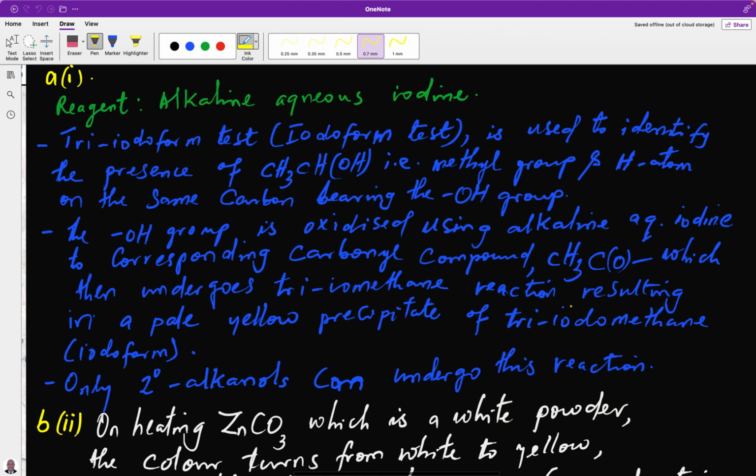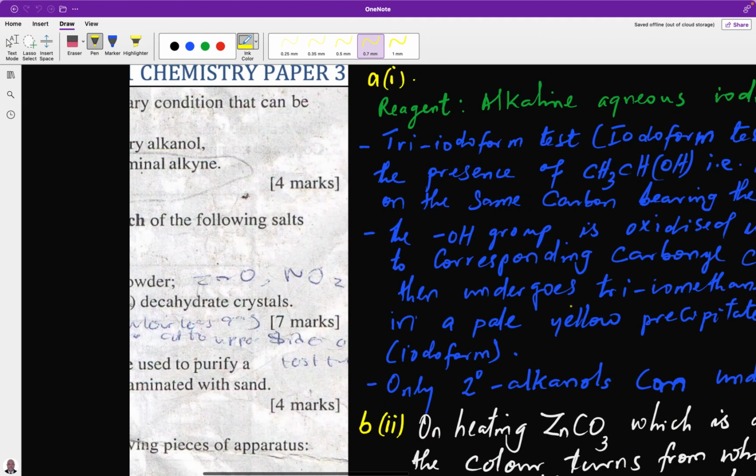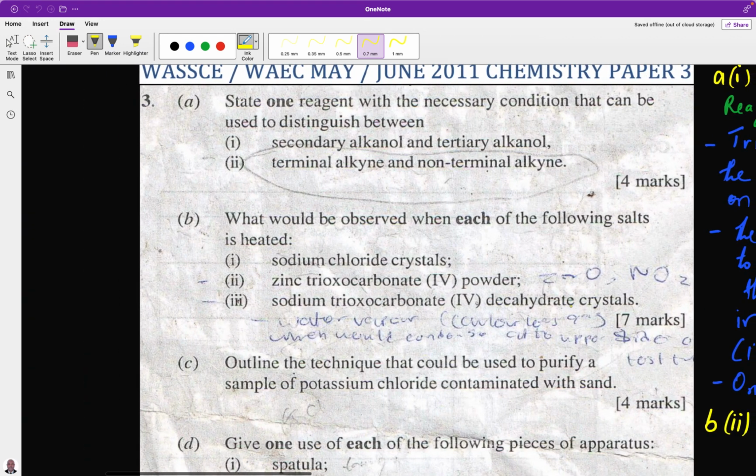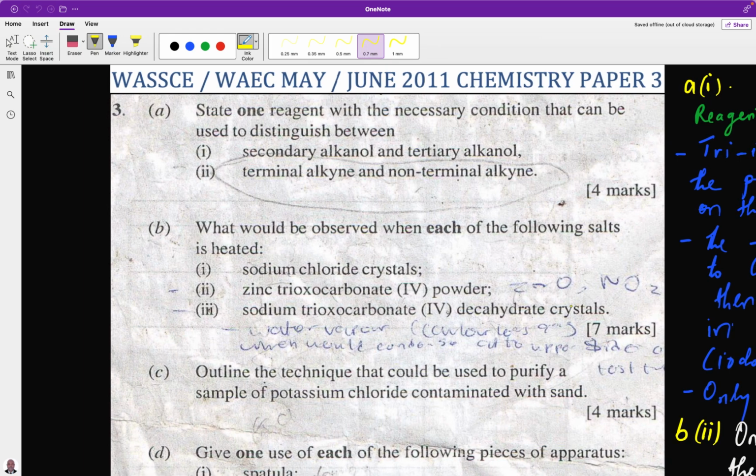Okay, A2. That was 2 marks for the reagent alone. Then terminal alkyne and non-terminal alkyne. Just write the reagent with the necessary condition. That is what you are required. All the writing in blue I gave you was only for revision purpose.